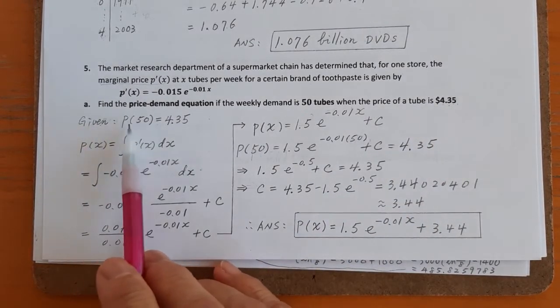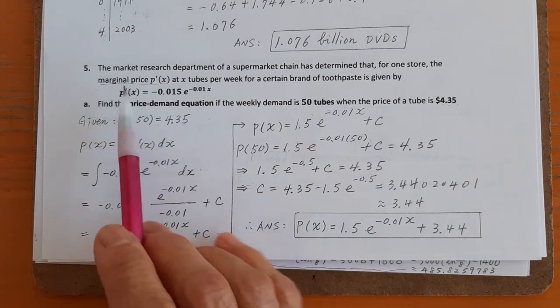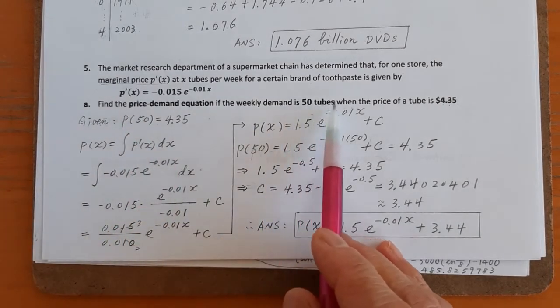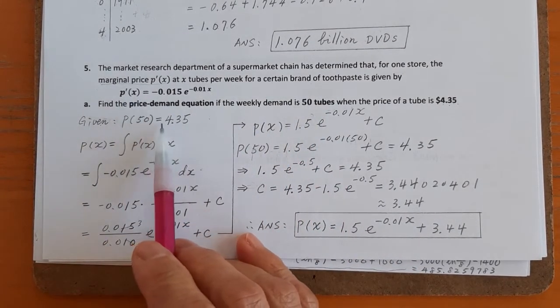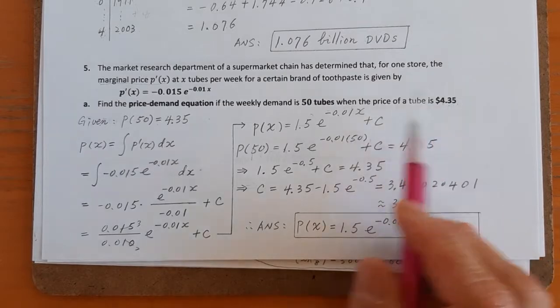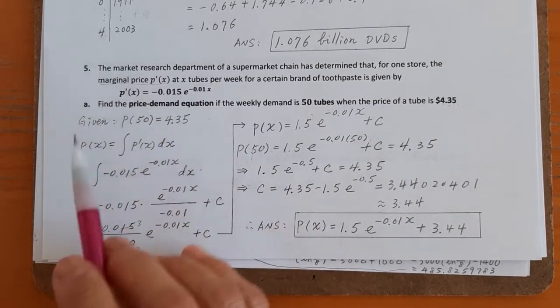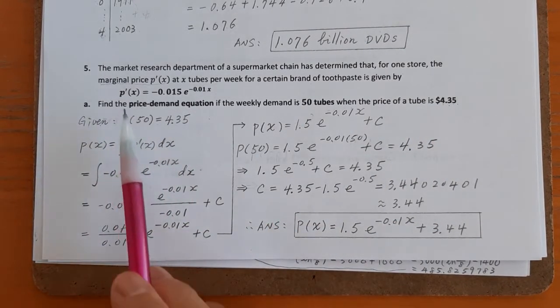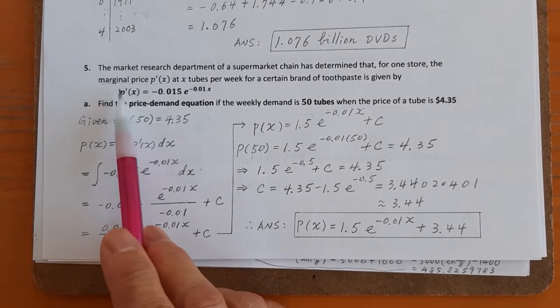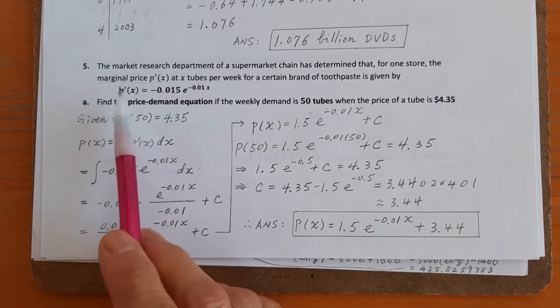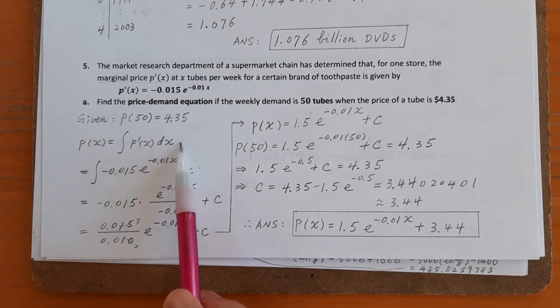So the given is P of 50 equals 4.35. That's the given condition. Now for this question, P of x equals the integral of P prime of x dx.